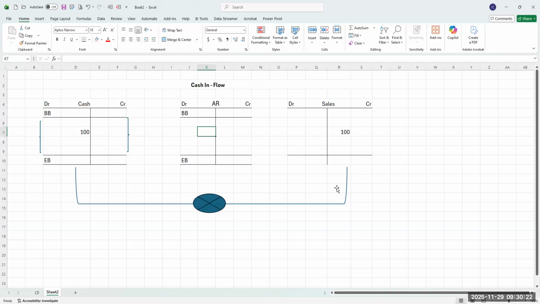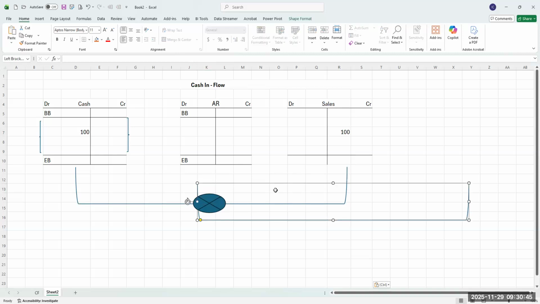So what's happened now? Instead of having sales going directly to cash, sales now go to accounts receivable first. And once the accounts receivable are collected, then they move to cash. So we don't have only one line here, we're going to have two.